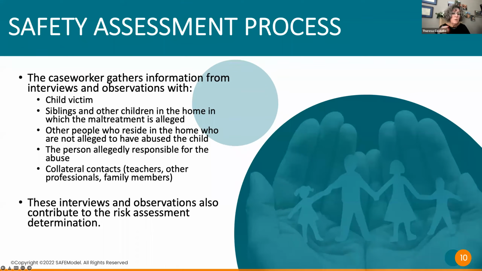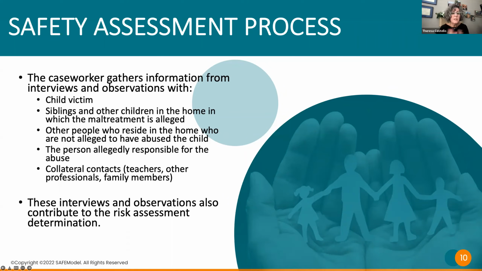Safety assessment process. As the worker continues to gather information, they begin their investigative or assessment process, whatever you might call that. And we know that there are different protocols in different jurisdictions, but generally speaking, best practice tells us that when we begin that first contact with the family, we want to see the child, we want to see other siblings in the family, we want to see others who reside in the home that may or may not be in a caregiving role.